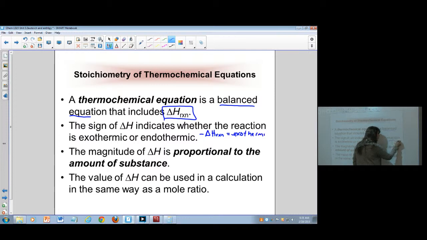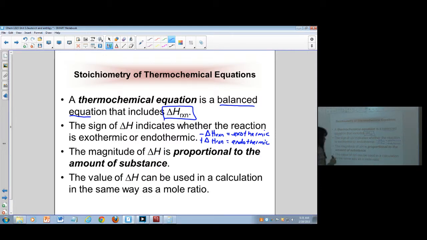So you don't have to try and figure out what your surroundings or your system are in these cases. You just need to find the sign. If you have a positive delta H of reaction, then that's going to be endothermic. Okay, so no trying to figure the system and the surroundings, thankfully, here.